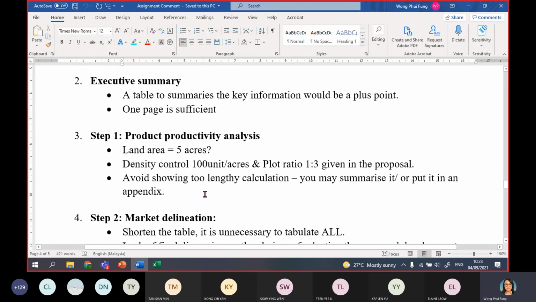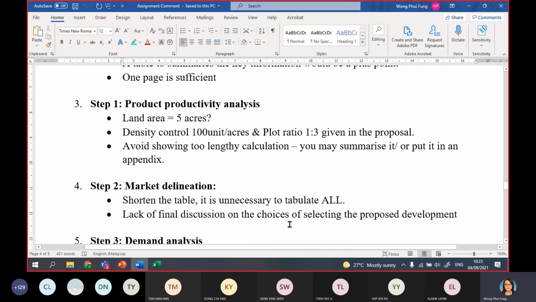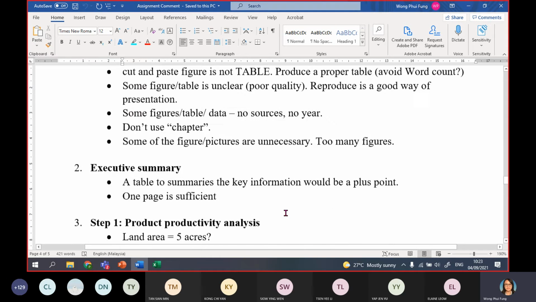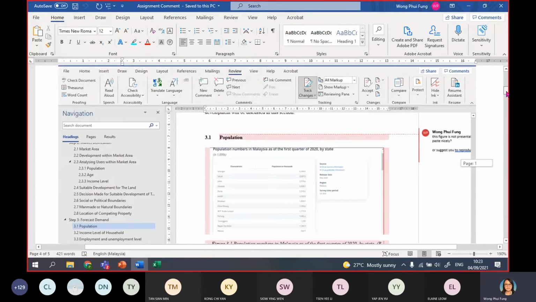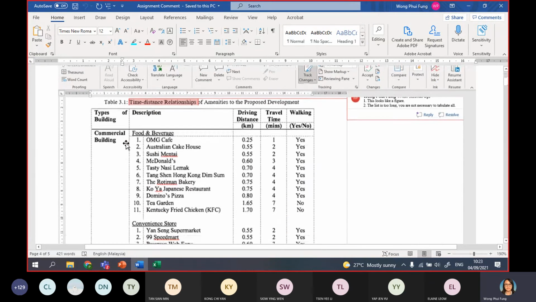Okay. Step 2, shorten the table. It is unnecessary to tabulate everything. This is a table, the time distance relationship, right? Very, very, very long. I think I can get 3 to 5 pages. It is unnecessary to detail out.